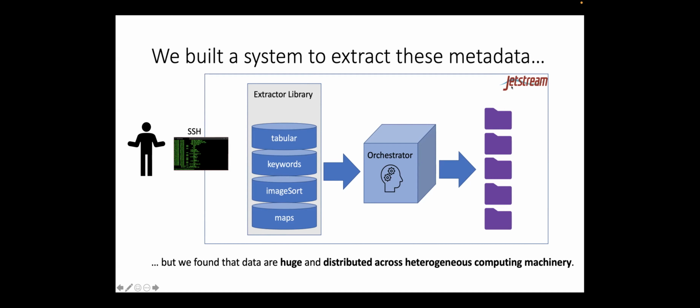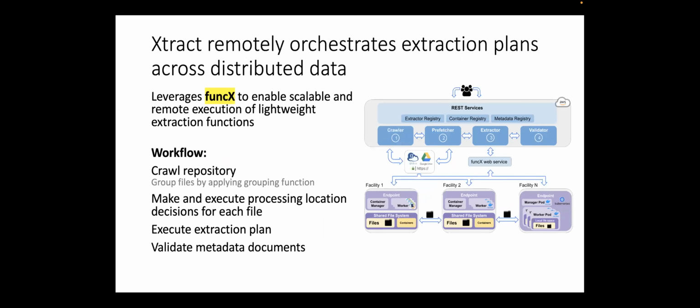So this is really fast, this is really great, but we know the data are huge, not necessarily constrained to one node, and this is difficult to just take out of the box and run on this computer versus that computer versus that computer. Thankfully, FuncX came into being, which allowed us to solve literally all of these problems at once. And so Xtract is our system now that remotely orchestrates extraction plans across these distributed data that can exist across these computing facilities.